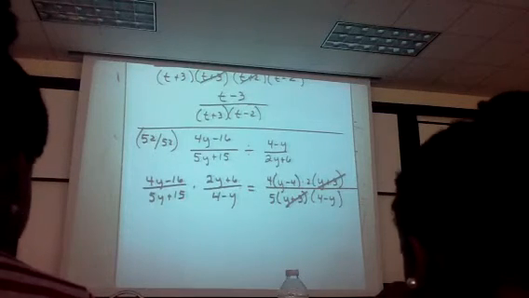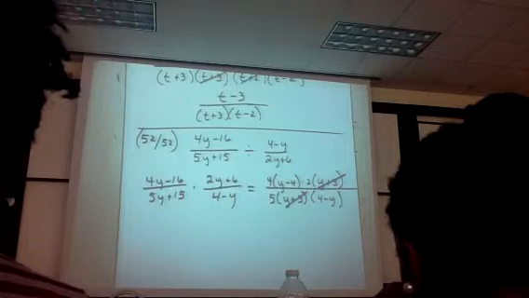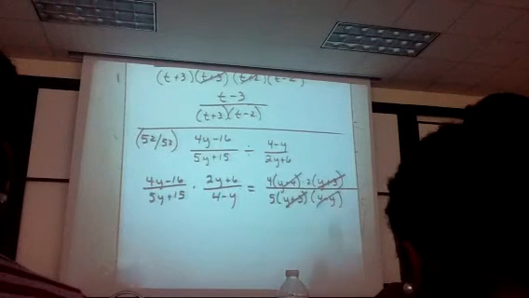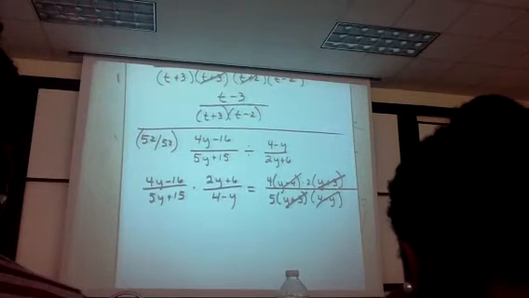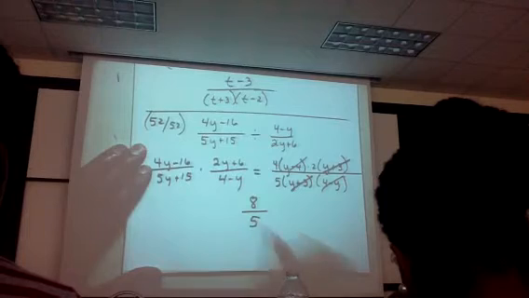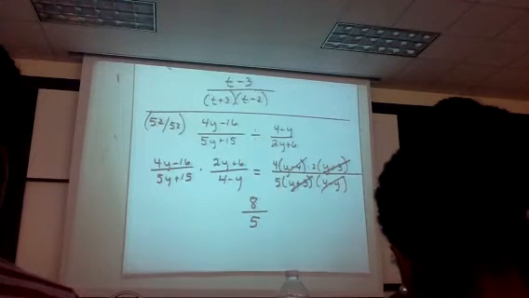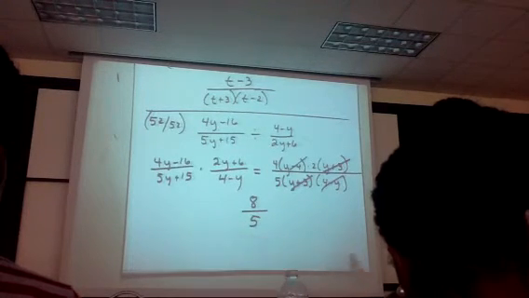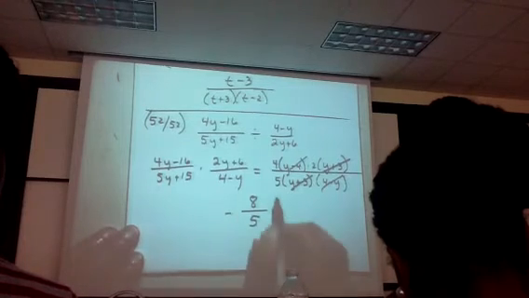Hey, can I cancel these opposites? No. Yeah, negative 1. That's the whole point. I can cancel the opposites, but what do I have to do? Introduce a negative 1. All right? So I got negative 8 over 5. And I can introduce the negative on the top, in front, or on the bottom. That's typically the way you write it, right?